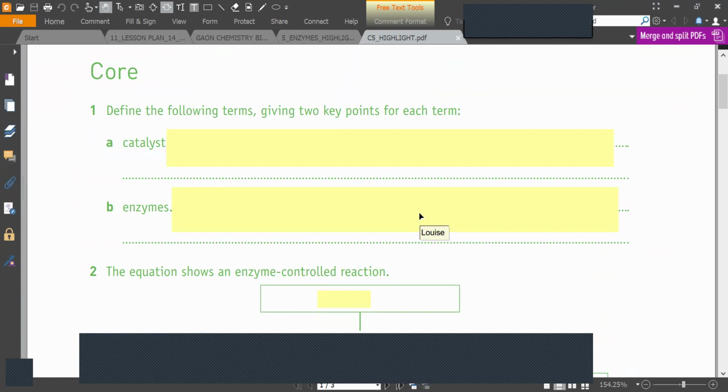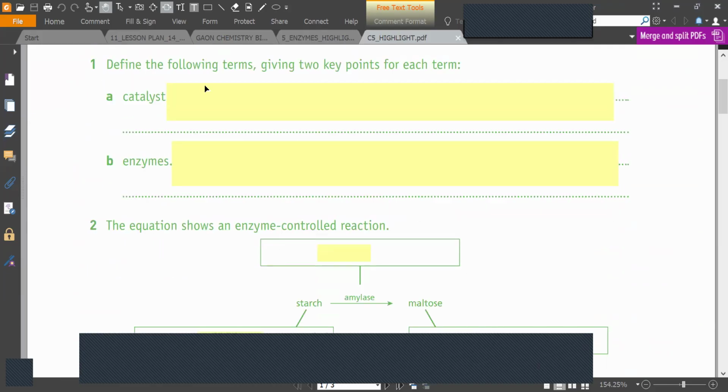First question. Give two key points for each term. Define the following terms. Definition of catalyst and enzyme, very straightforward. We know that.